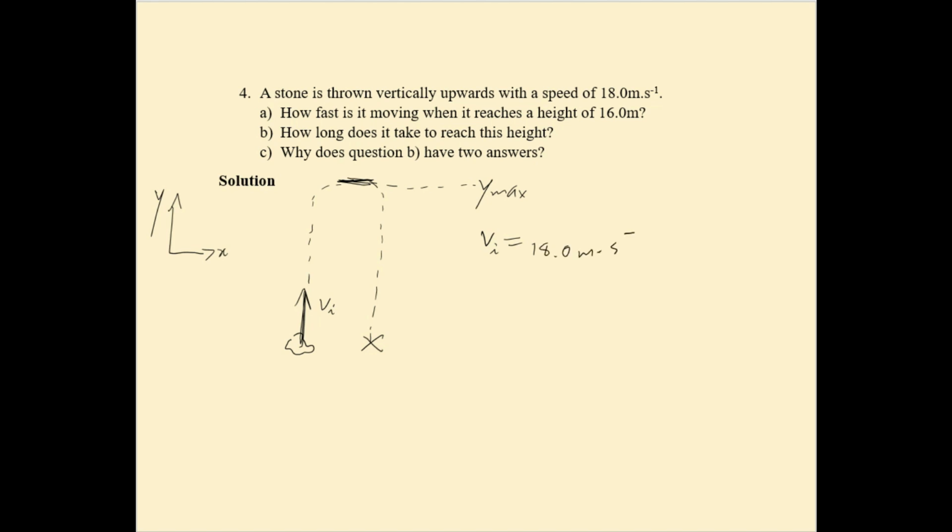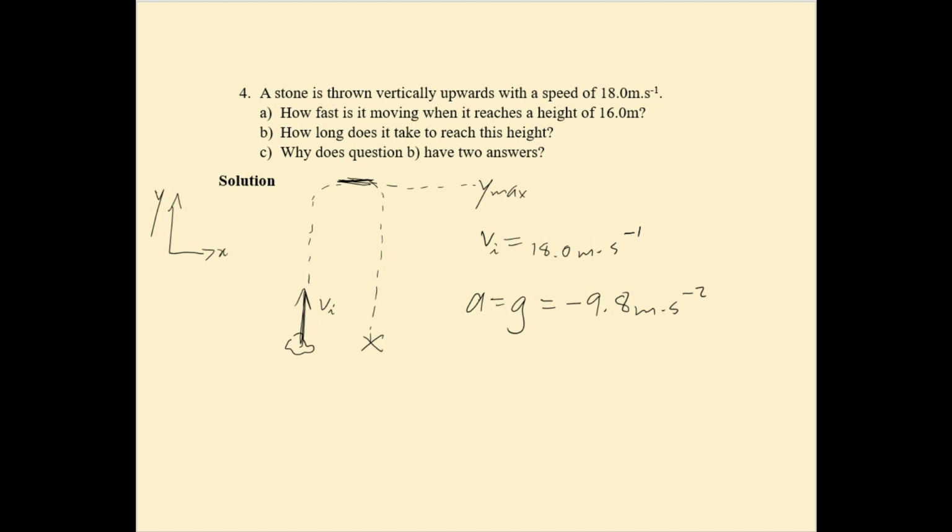And the other thing that's very important here is gravity is always acting downwards, so the acceleration is the acceleration due to gravity, which is negative 9.8 meters per second squared.